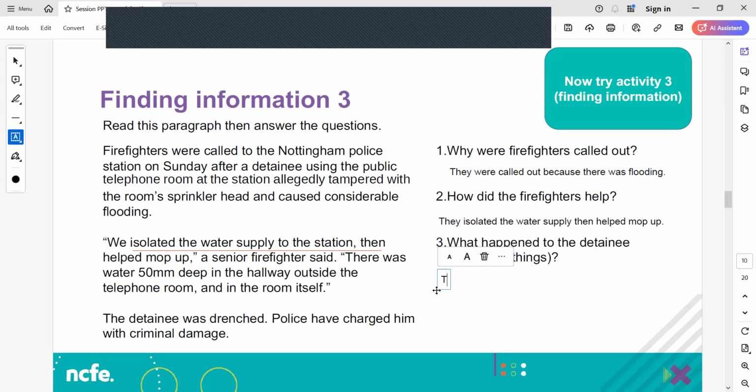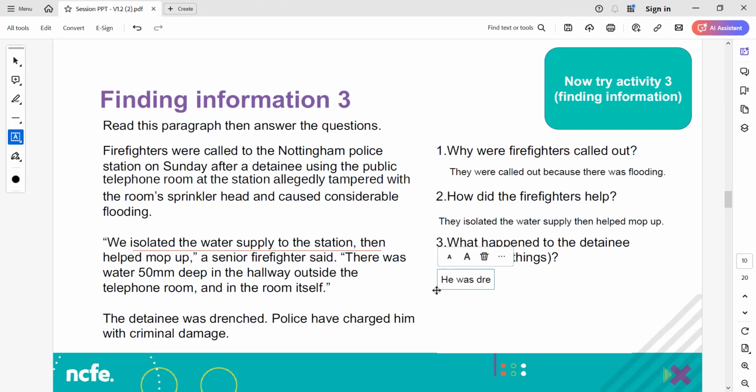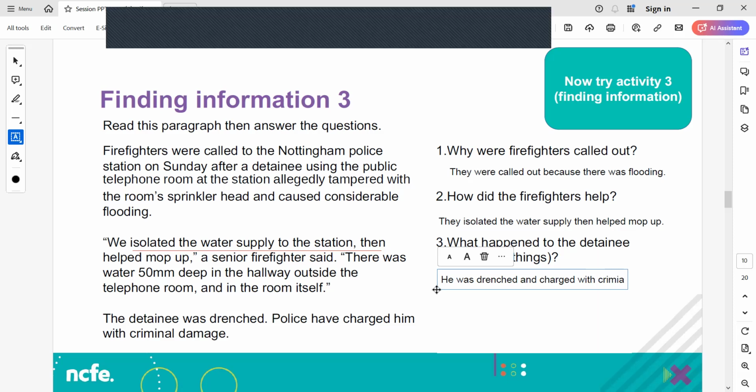I don't think it tells us if it's a man or a woman. Oh no, they've said him. So he was drenched and charged with criminal damage.